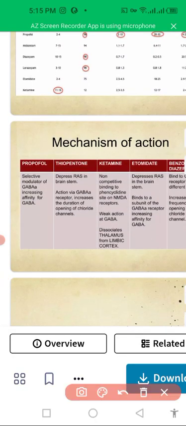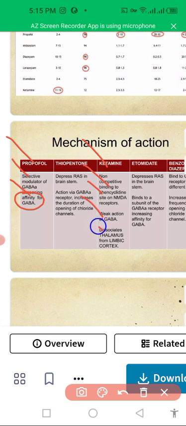Now the mechanism of action, which is very important. Propofol is a selective modulator and GABA A receptor agonist. When GABA A is agonized, there is increased chloride influx, which prevents generation of the impulse. This is the thing that you have to keep in mind. Ketamine is a non-competitive binder of phencyclidine NMDA receptors, with weak action on GABA.